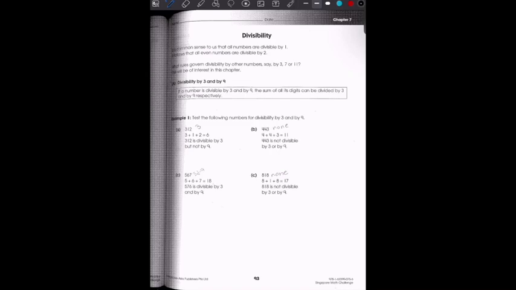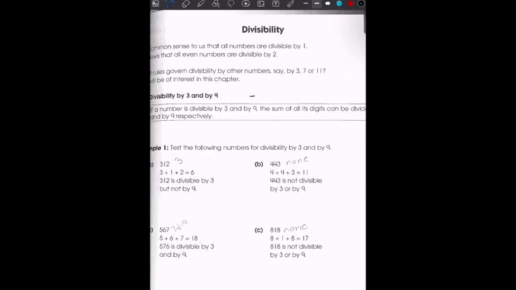And so what that tells us is that if we have a number, for example, 135, we take the sum of the digits, and that is 9.